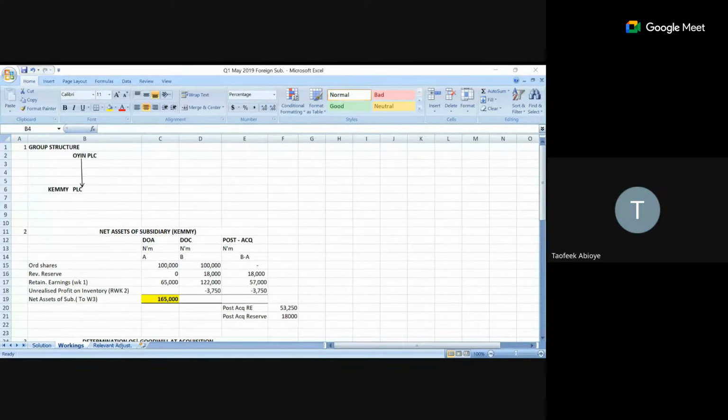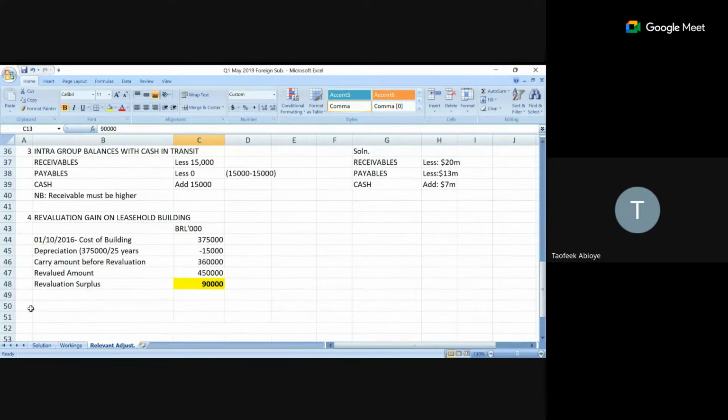I think we are going to create additional working notes. Determination of parent company's percentage. Parent company percentage of control.